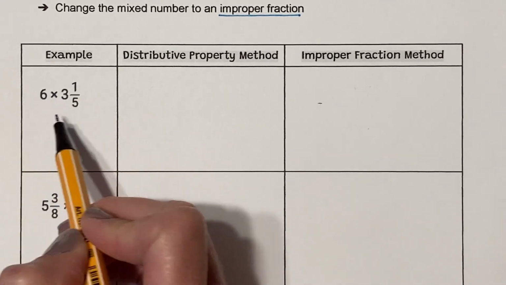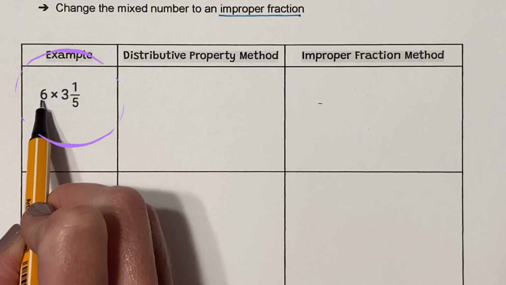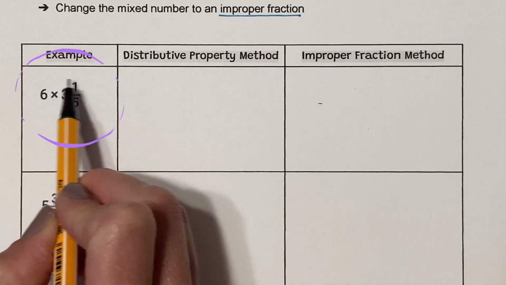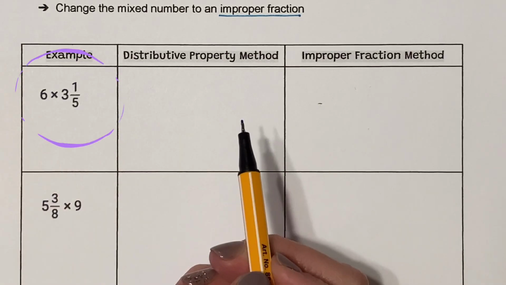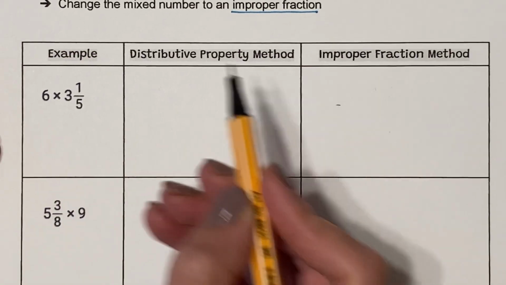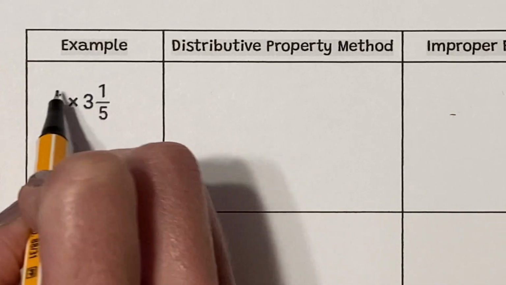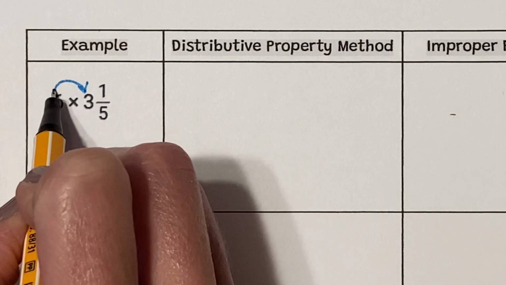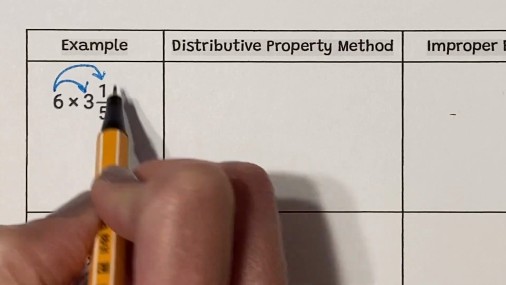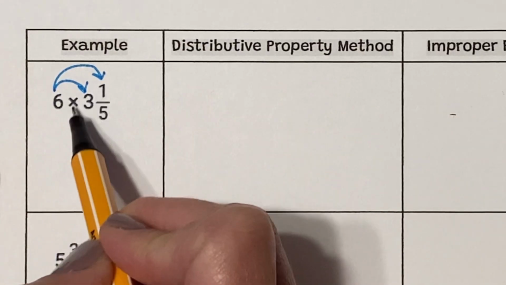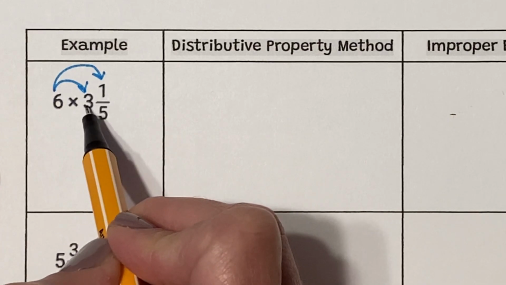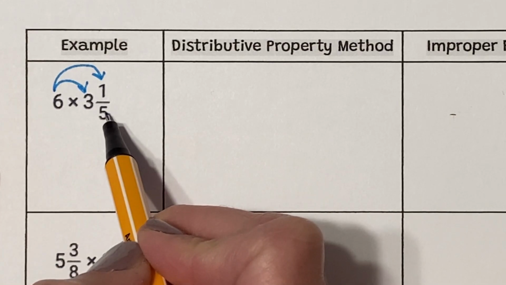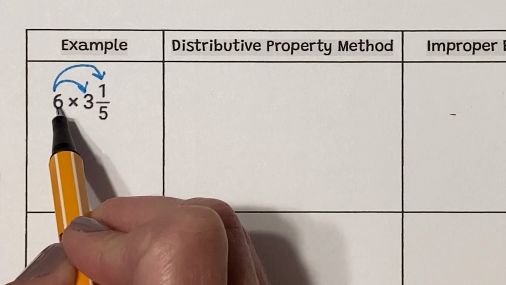So for the first example, we're going to multiply our whole number, 6, by our mixed number, 3 1/5. Okay, well, the distributive property says that my whole number, 6, gets multiplied by the 3, and it is also multiplied by the 1/5. Every part of this mixed number, my whole amount and my fractional amount, will get multiplied by this.